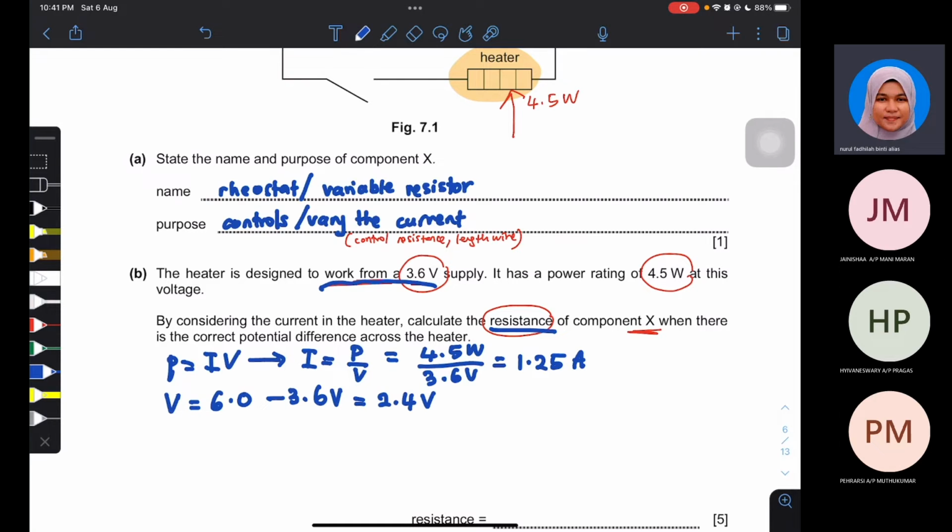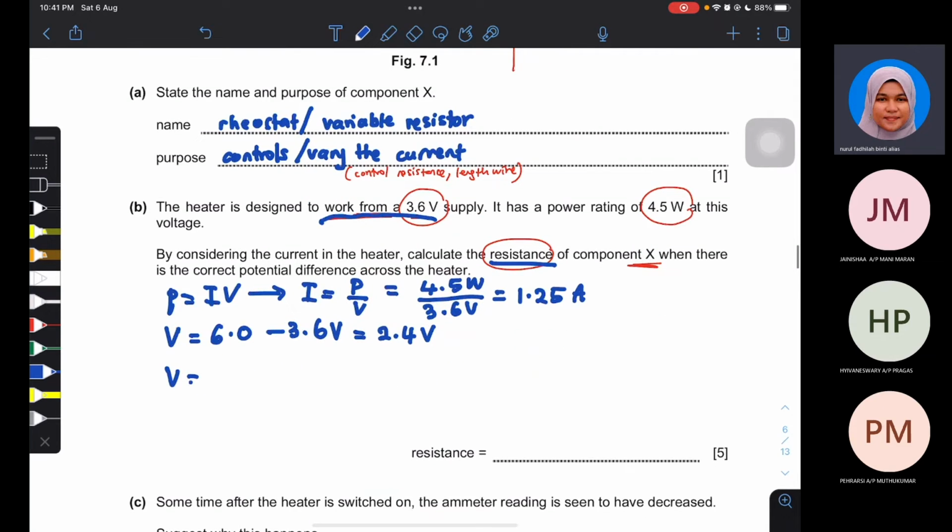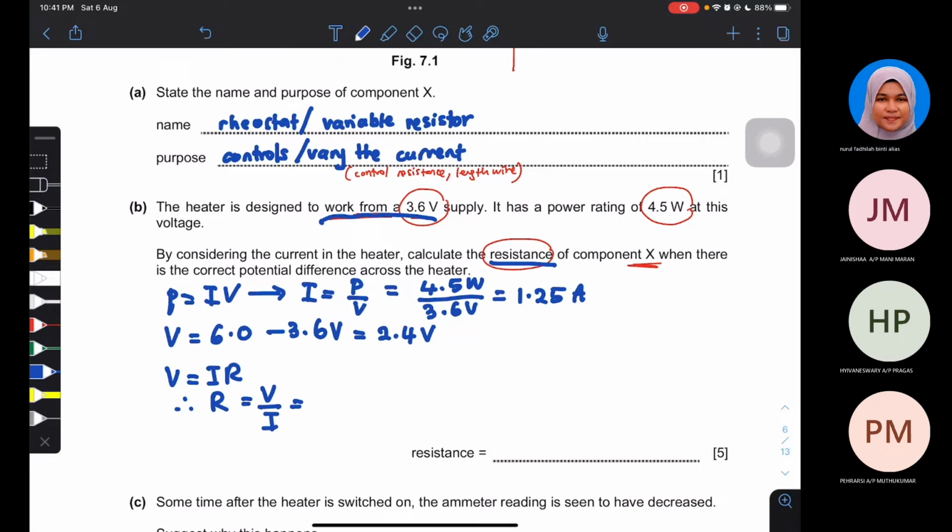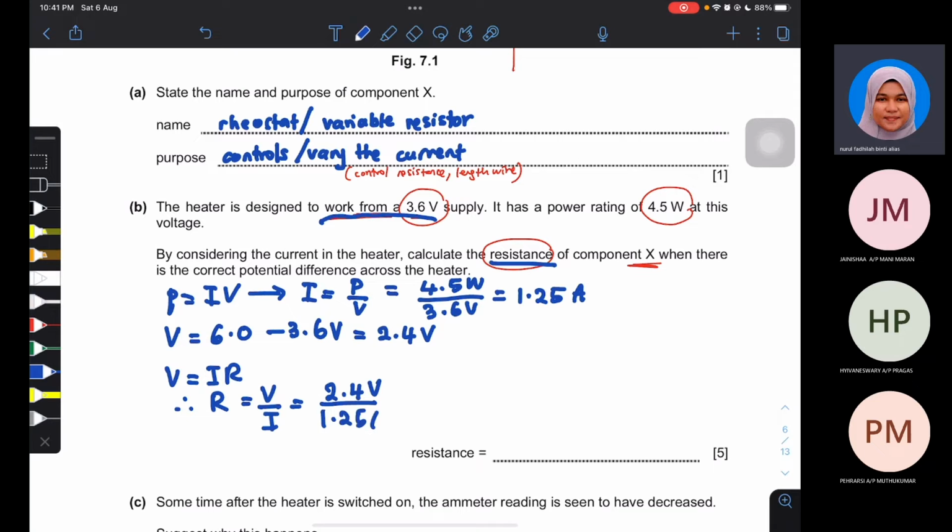Right? Jadi kita daripada situ kita tahulah formula. V equals to IR. Therefore R equals V divided by I. So what's the V? 2.4 volts divided by the current. Current dia berapa? 1.25 amps. Dapat 1.92 ohm.